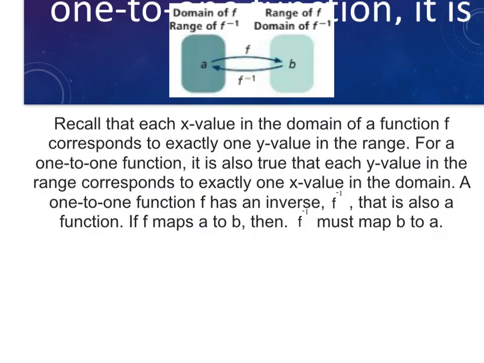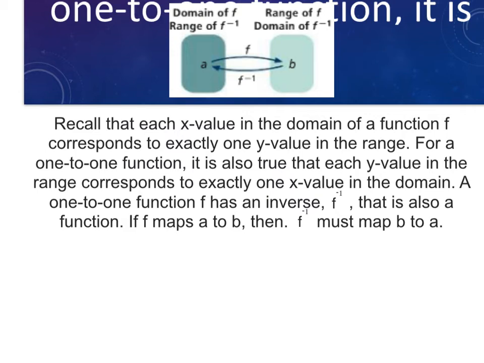Let's keep going. All right, so at the top you see a chart, and it basically says that the domain of f will be the range of the inverse, and that the range of f will be the domain of the inverse. So domain and range, when you think about them like that, are interchangeable. Recall that each x value in the domain of a function f corresponds to exactly one y value in the range.